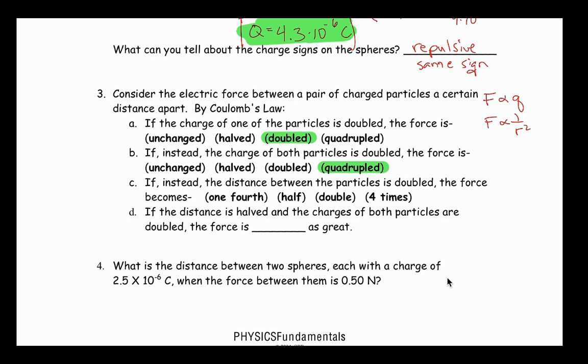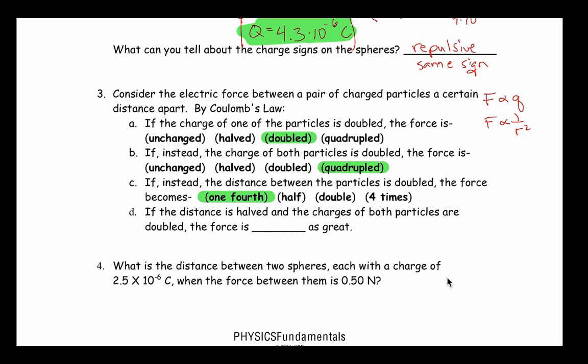Well, if distance is doubled and force and distance have an inverse squared relationship, then I'm doubling R, squaring that, and then dividing by it. So that's 1 over 2 squared, which is 1/4.